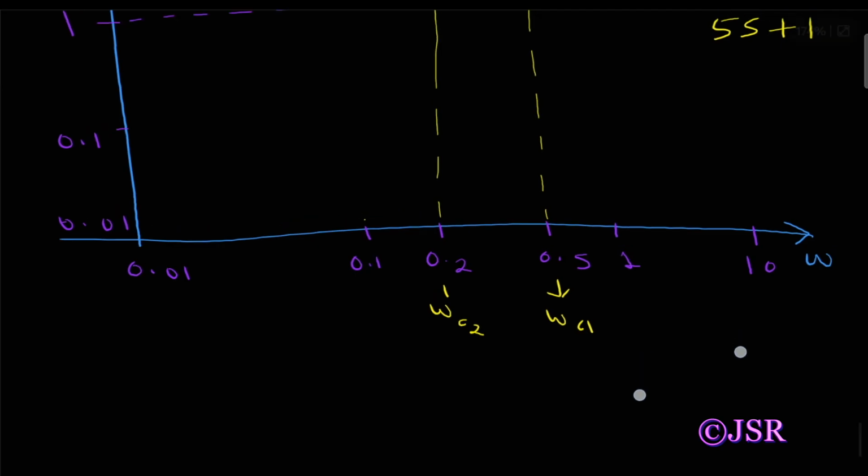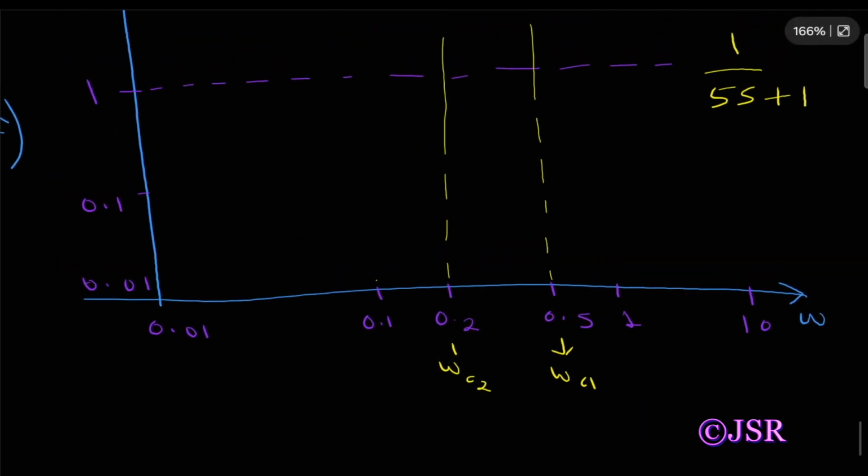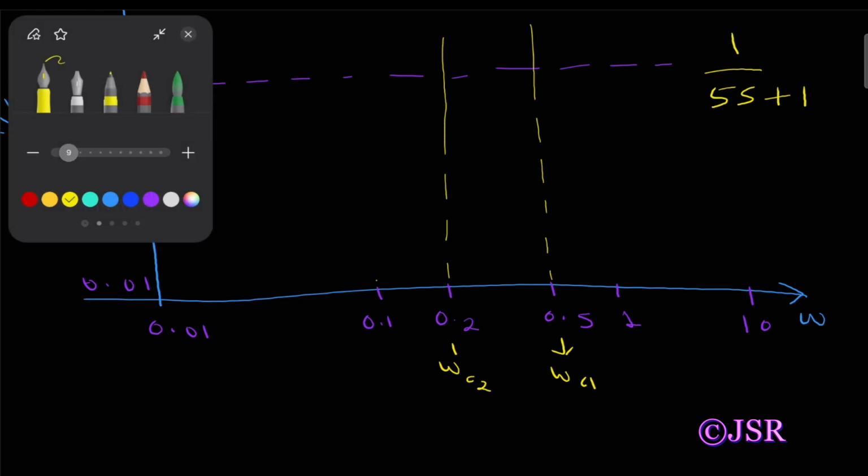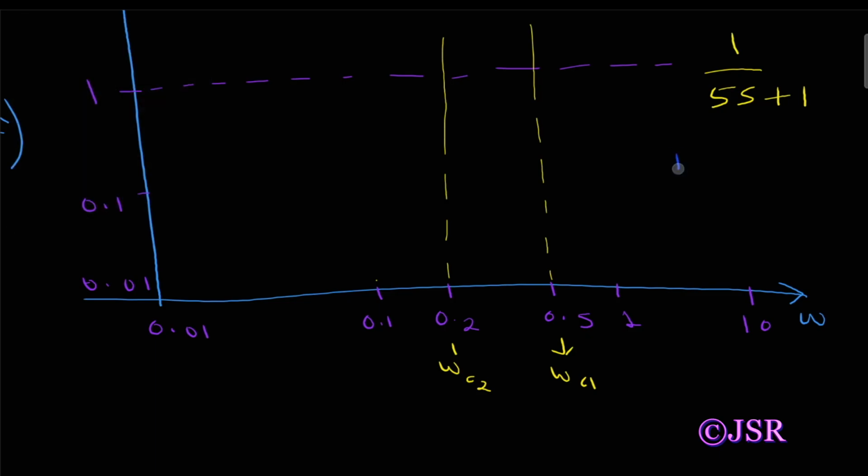And when the another first order system is 1 upon 2s plus 1, so the corner frequency will be 1 upon 2, that is 0.5.